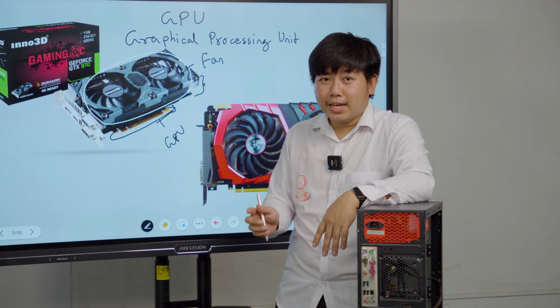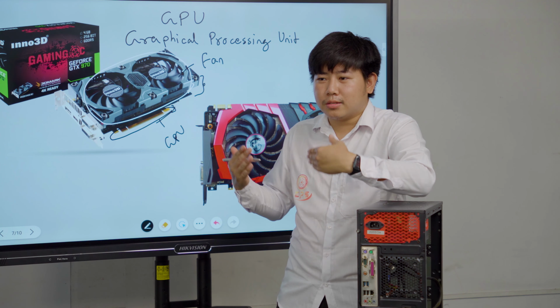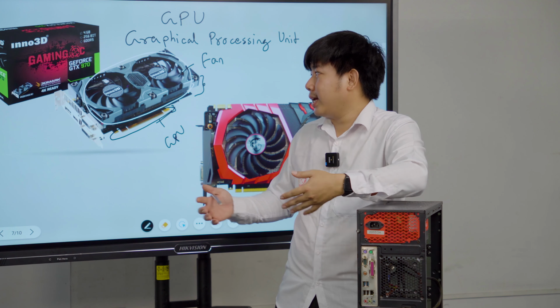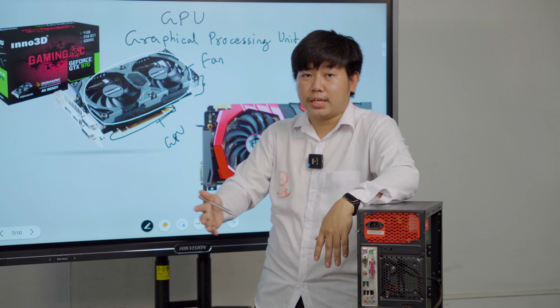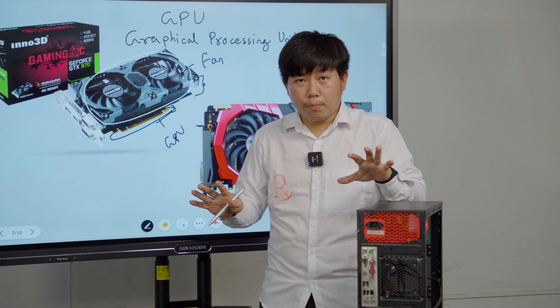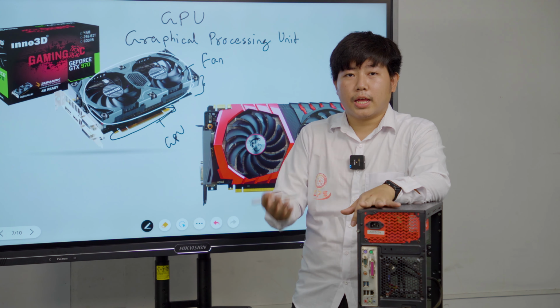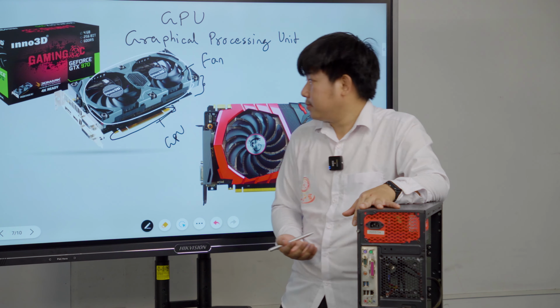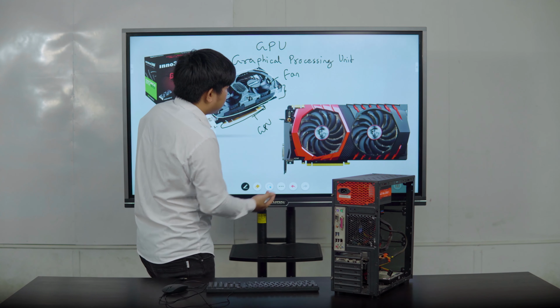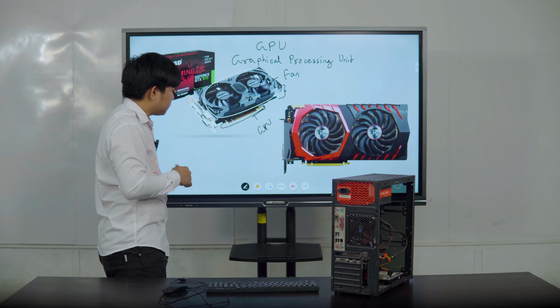In that case, the CPU cannot process all of the display requirements anymore. So GPU takes over the display, modifies and improves the output, and then it can show a 144 Hz and 4K display. So these are the GPU. Both are GPUs from different brands and companies.